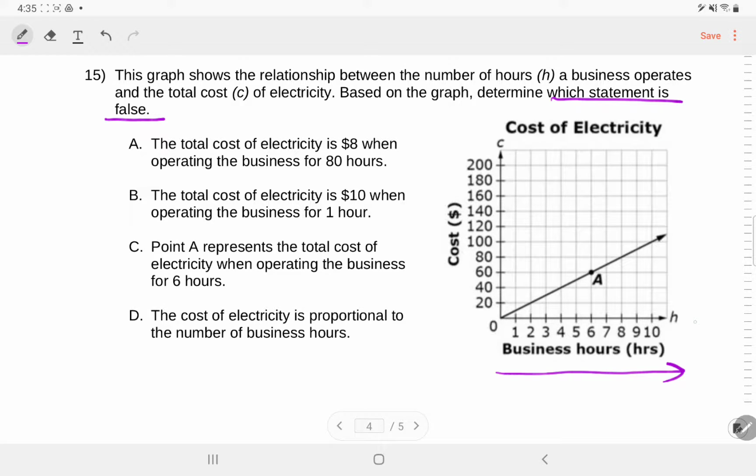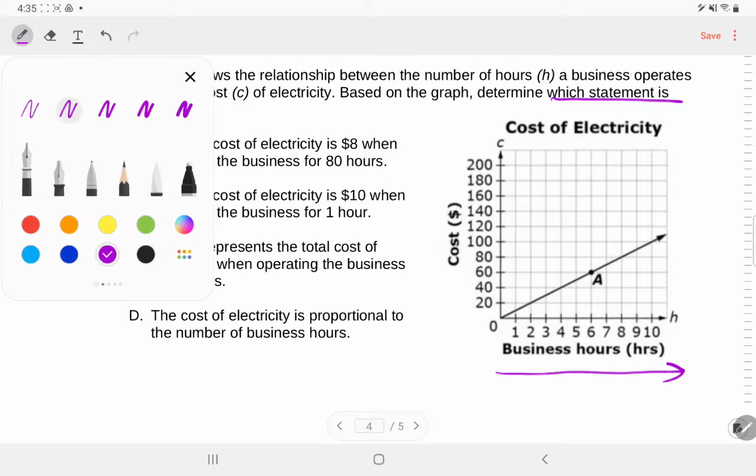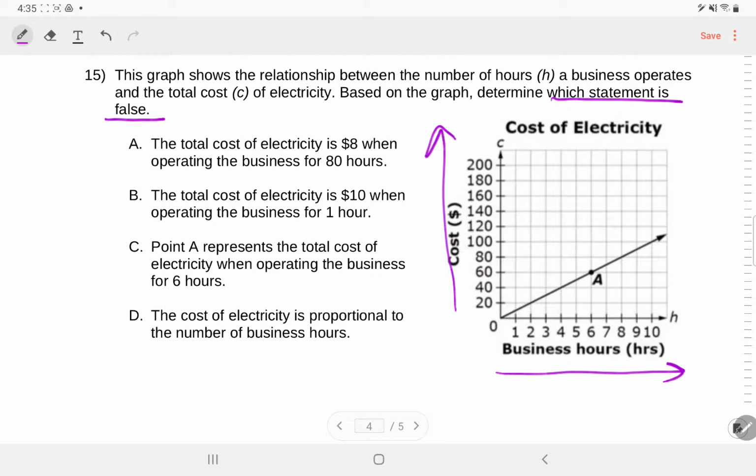We don't have 80 hours, and we look at $8 on the y-axis. I think it's the other way around, where it's for 8 hours, it's $80. So this is false. It should be $80 for 8 hours instead.